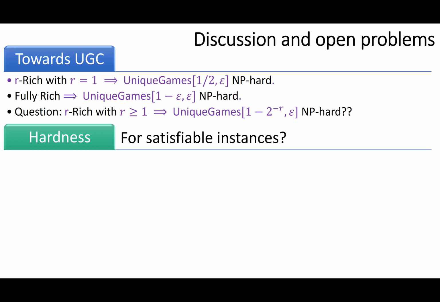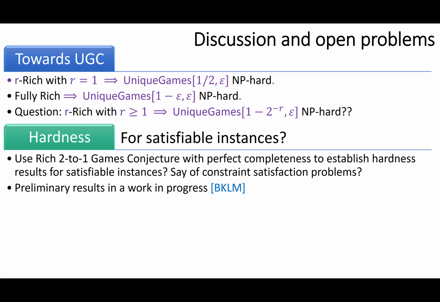What can we do with hardness of 2-to-1 games with perfect completeness? Can we use rich 2-to-1 games with perfect completeness in order to establish hardness results for satisfiable instances, say for CSPs? This is something that I think is possible and is promising.